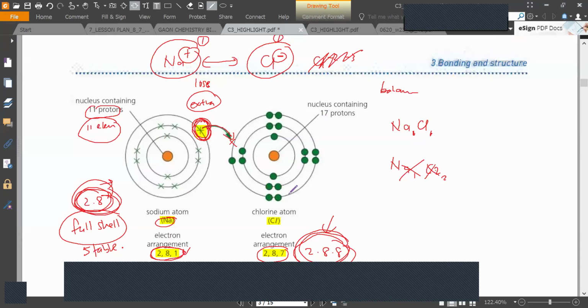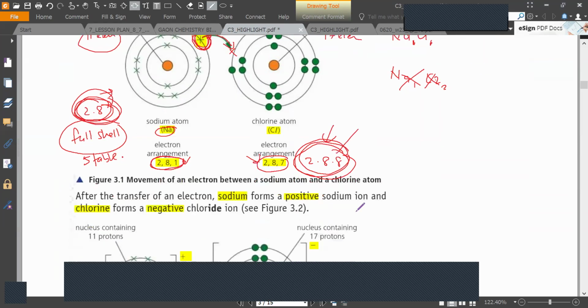And then this chlorine has 17 protons, 17 electrons, which means the electron arrangement is 2,8,7. So it will tend to receive one electron to get the 2,8,8. So in the end, both of them get the full shell.